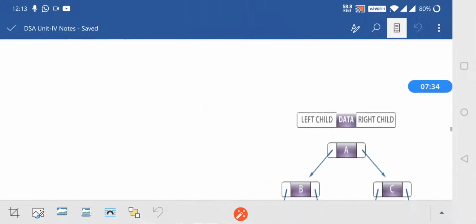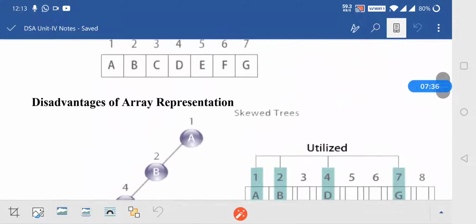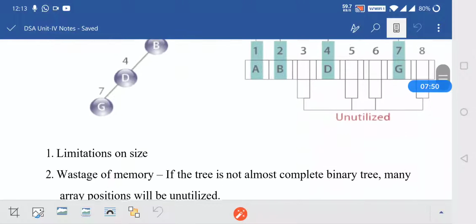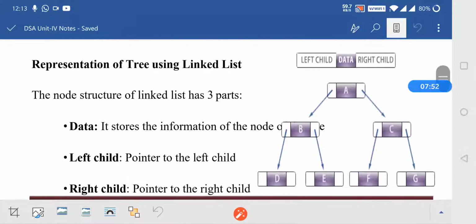So we can see this particular example where the tree is represented by the array as A, B, C, D, where A, B, D, G are nodes and those nodes are connected by the index, that is nothing but array representation. And when it is represented by linked list, every node will have the left child and right child.